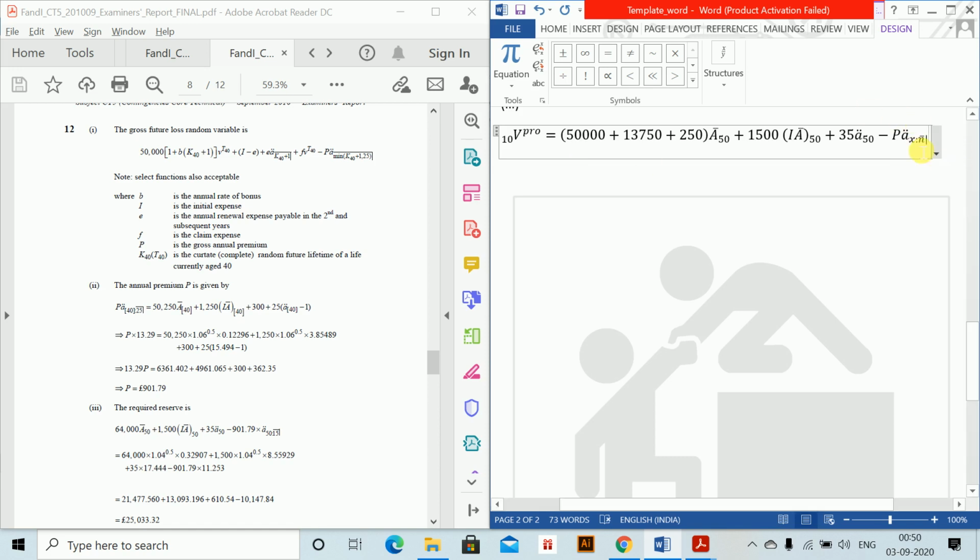Okay, 50 20 50 15 I think, yeah, so 50 and 15. So this is there, and then we come down.